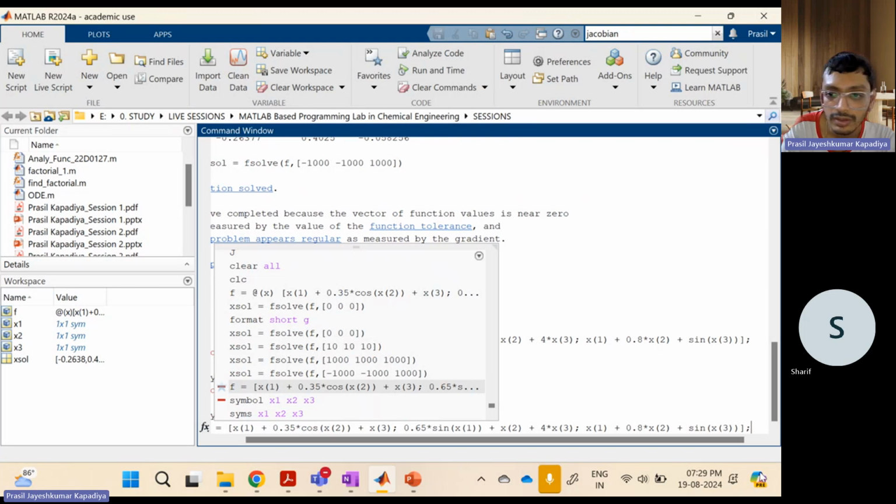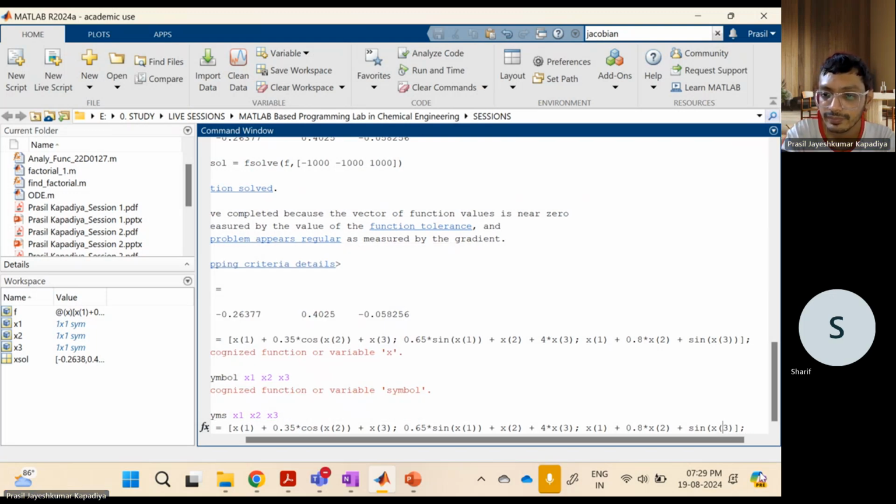Okay, now let's call this thing. I need to write x1, x2, x3 terms, and let's see what is the value of Jacobian that I am getting. If I am doing it on pen and paper, it will be really a tedious task.